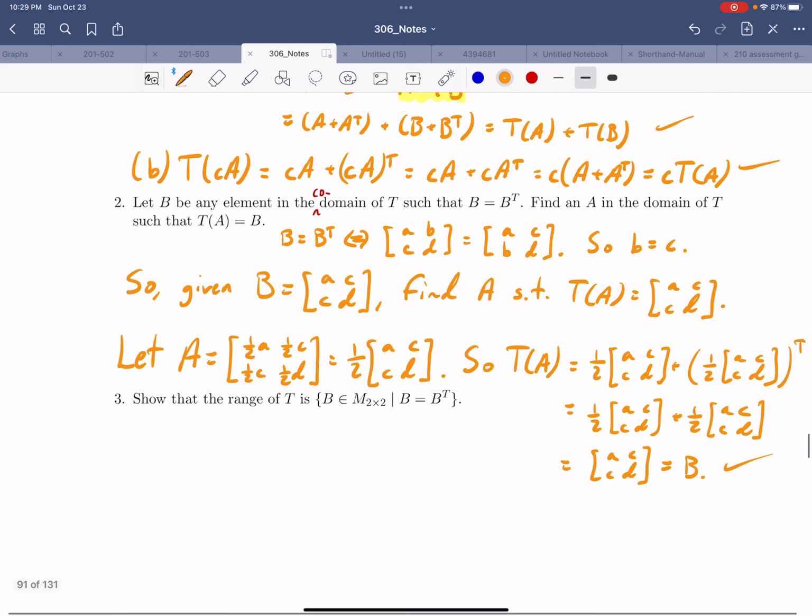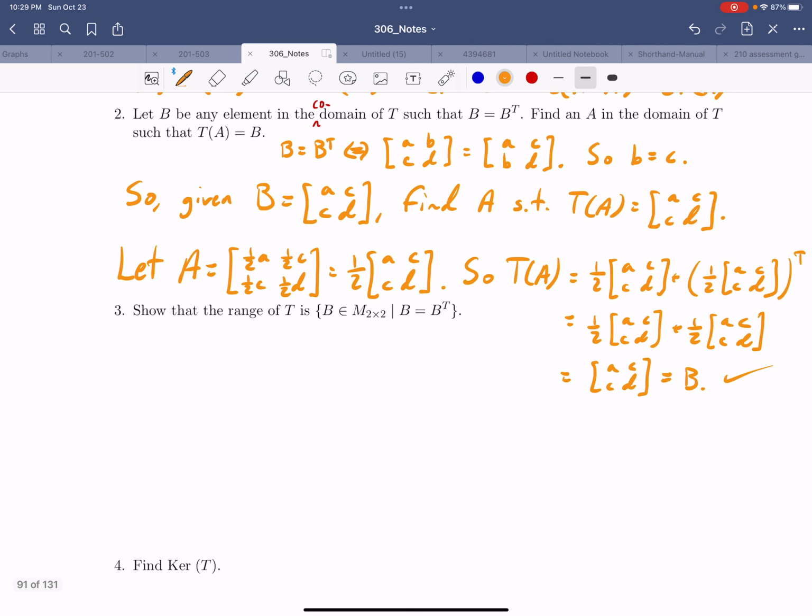Awesome. Now, we want to show that, in fact, the range of T is all matrices of this type. No matter what matrix A we plug in, we're always going to get a matrix of this form. So let's just take a generic matrix A, right? Let A equal [a, b; c, d]. That's just a generic 2x2 matrix.